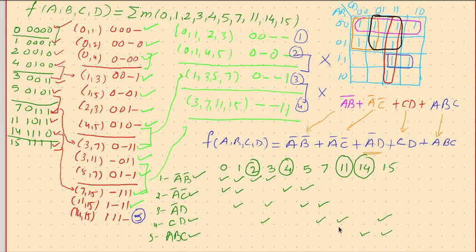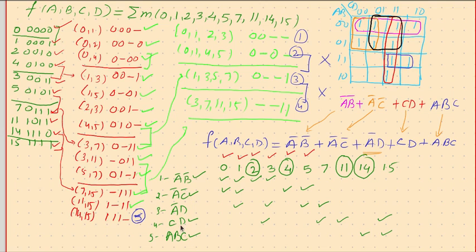So that's our first step, and then next let us see if I use A bar B bar, because I have to use it because of minterm 2, so I am using A bar B bar. If I use A bar B bar, what all am I covering? I am covering 0, 1, 2, 3, that's it. Then second it says A bar C bar is also essential, which says 0 covered, 1 covered, 4 is covered, 5 is covered.